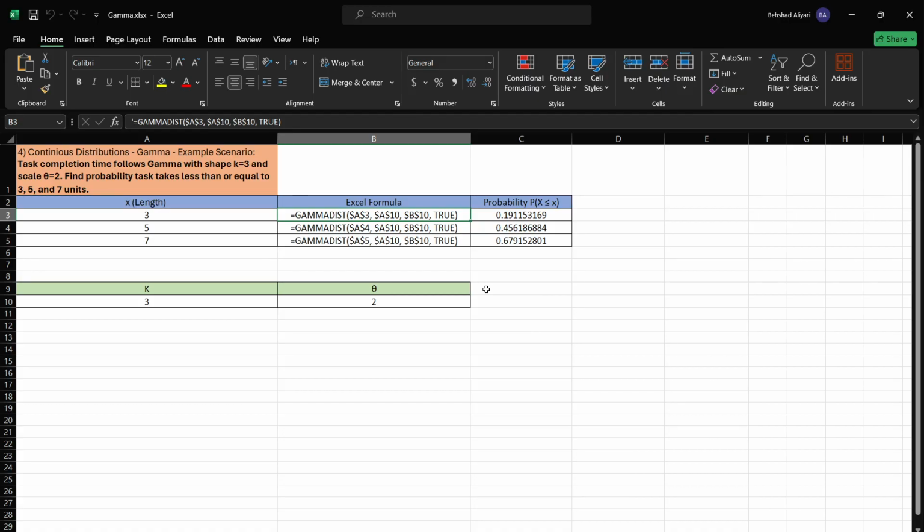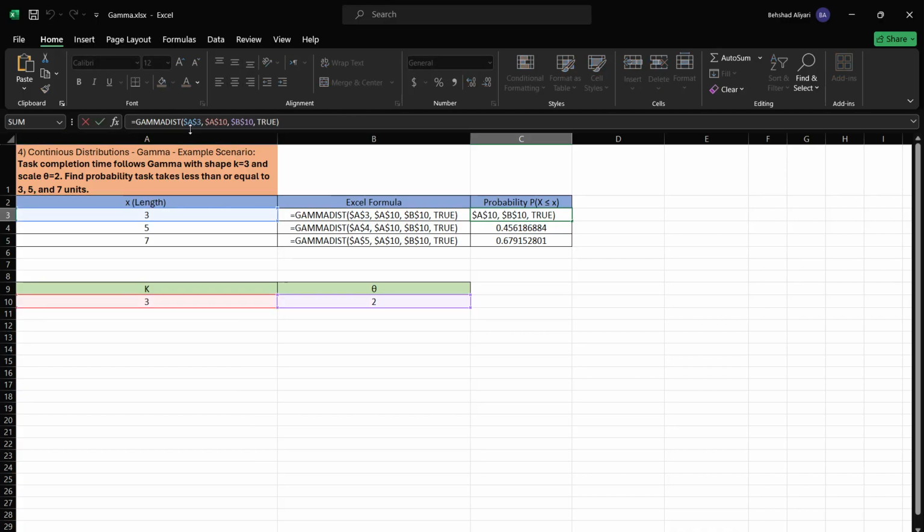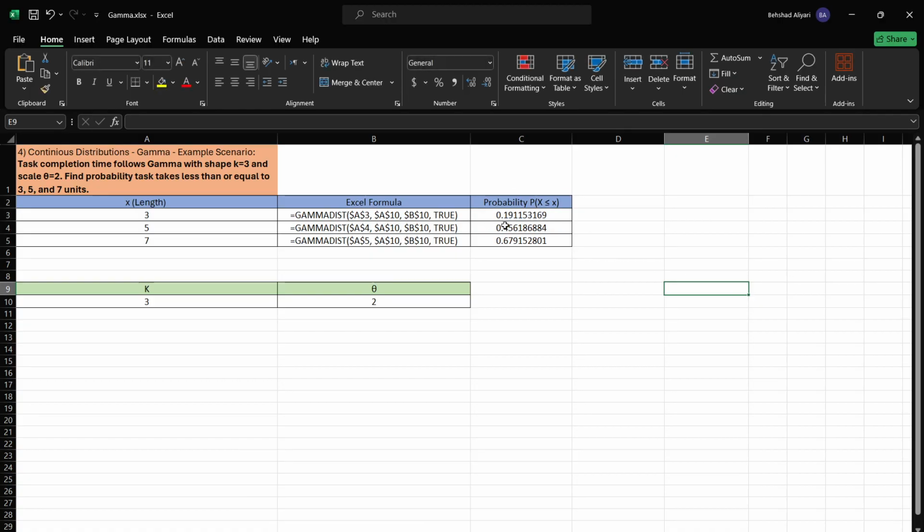Find the probability the task takes less than or equal to 3, 5, and 7. So we have our x's, we have our formula, and we have our k and theta. For gamma, we first need our x, then our k, then our theta, and then the CDF, which is true. Then this answer will be given to us. These are the probabilities for each.